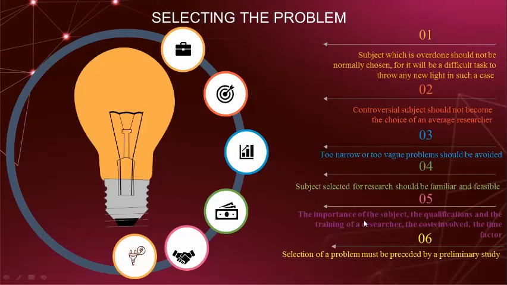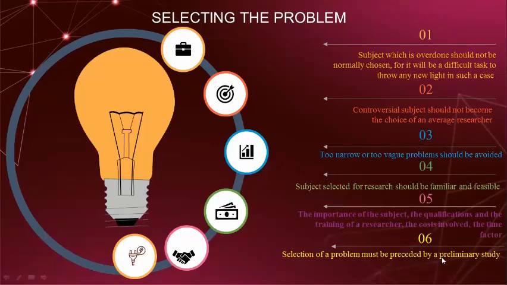Next is the importance of the subject, the qualifications, the training, etc. These are a few criteria that must be considered while you are selecting a problem. And the last one is the selection of a problem must be preceded by a preliminary study. Why is this important?